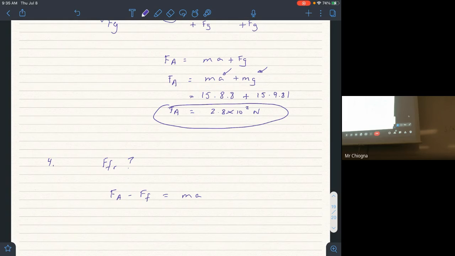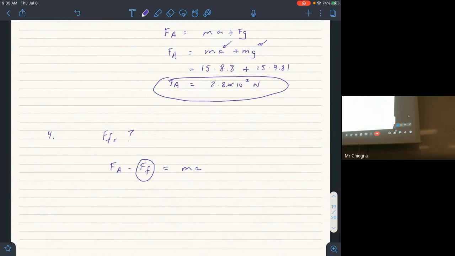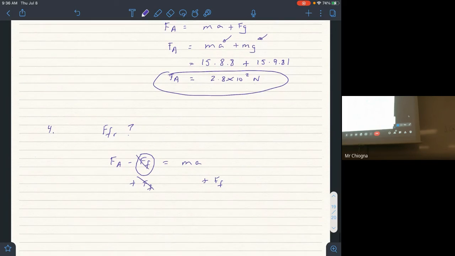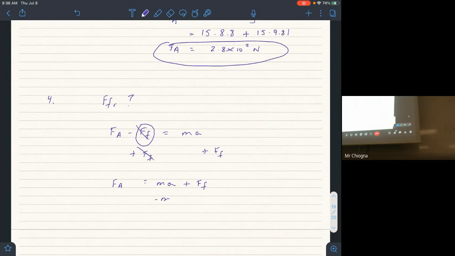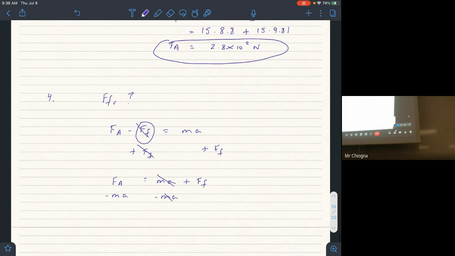Okay, I want to solve for friction. Add it to both sides. Cancels out here. Subtract ma from both sides. That's my friction.